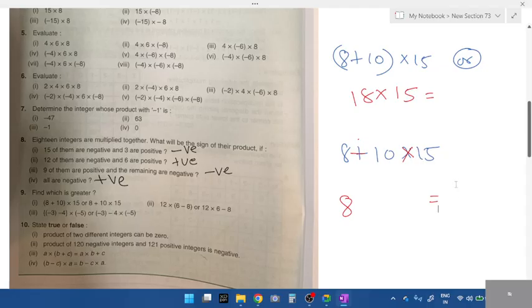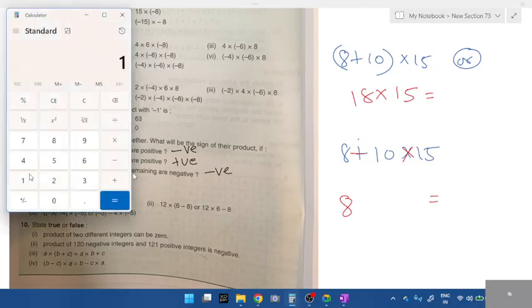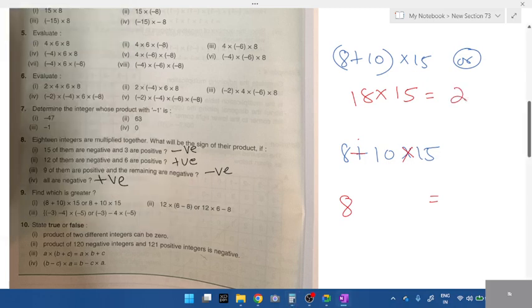Eighteen into 15 is 18 into 15. Okay, let me check. Next one. 10 into 15 is, what's the total?